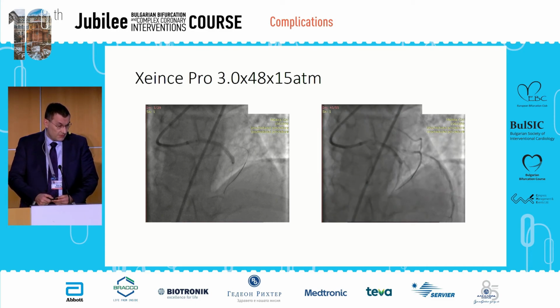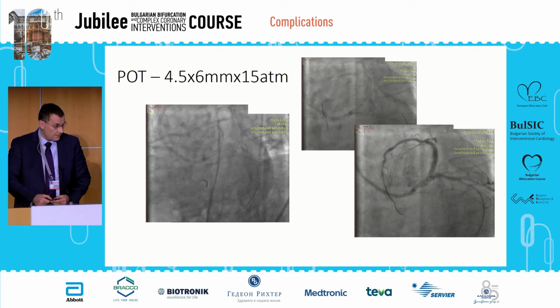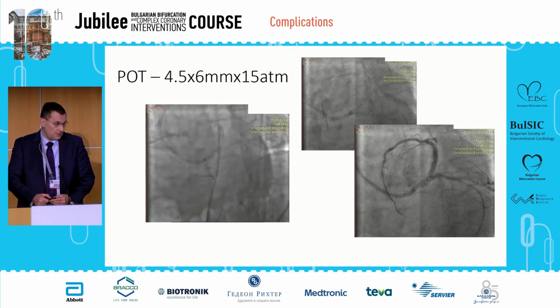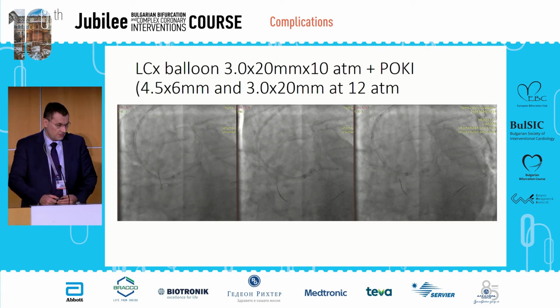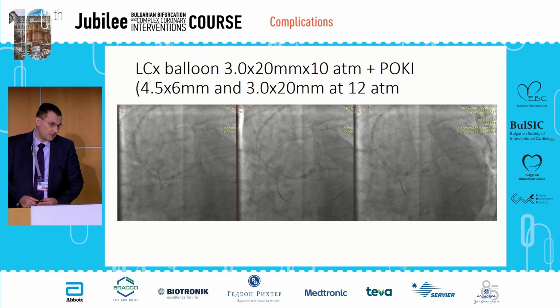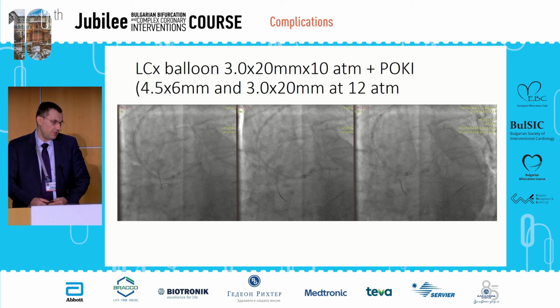And that was the result after stenting. Then we made a POT with a 4.5 to 6 millimeter balloon. This is a specially dedicated POT balloon from Biosensors, dedicated for the POT technique.